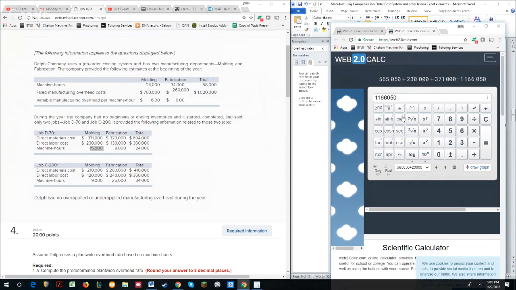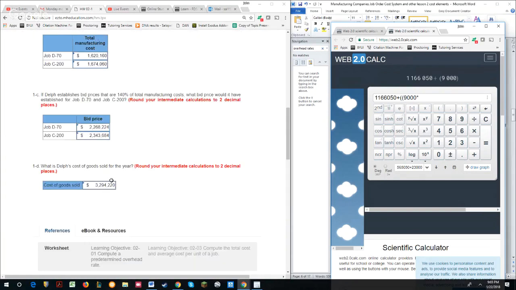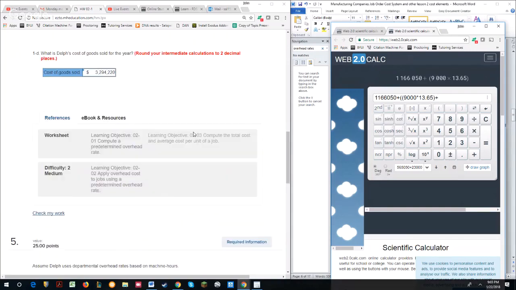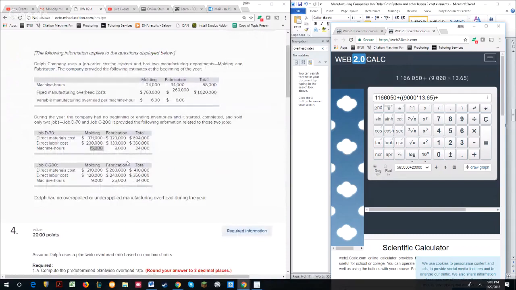So now we do the fabrication. So plus 9,000 times 13.65 plus 130,000 plus 323,000.